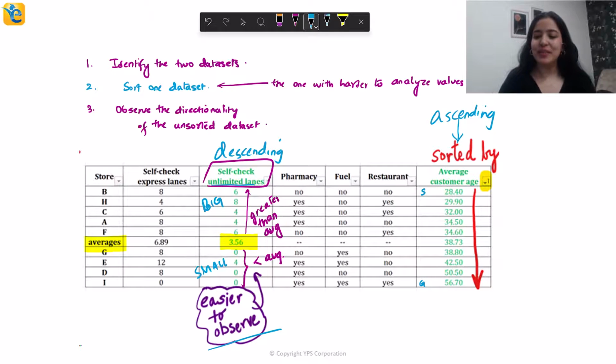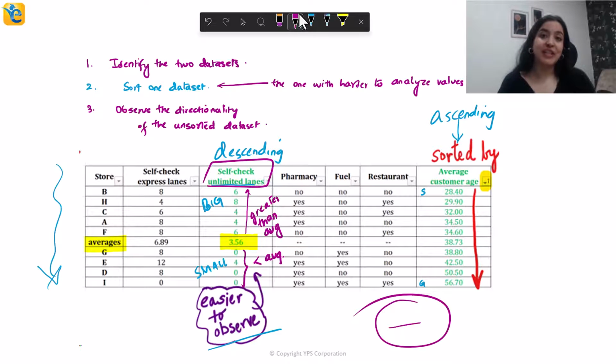It shows that as I'm coming down this list, row by row, these two columns are moving in opposite directions. One is becoming smaller as you go, the other is becoming greater. That simply means negative correlation is the relationship between these two.